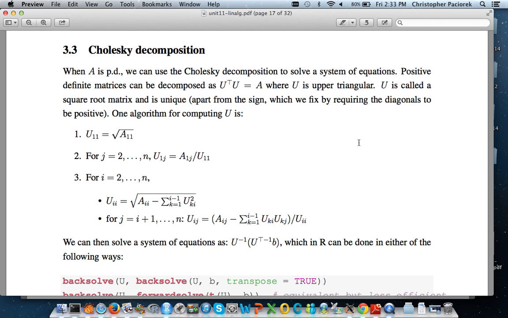N minus 1, right? So I've got n minus 2 from here, but then I've got a square up here that we need to remember. So I've got n minus 1 multiplications. Okay. And I can continue on in this vein.